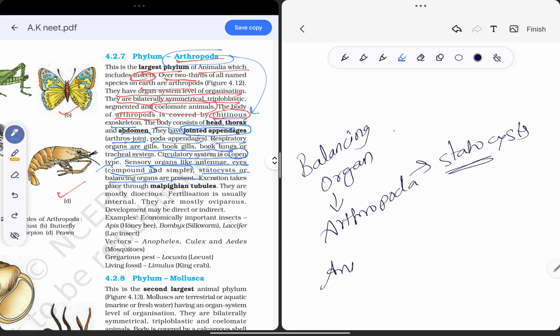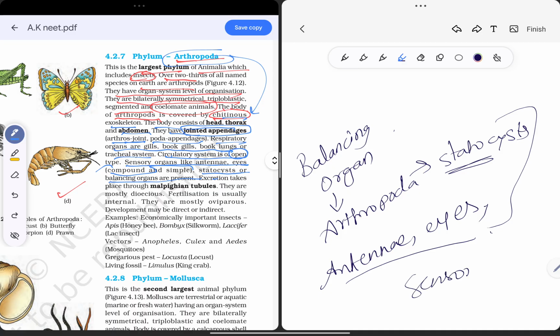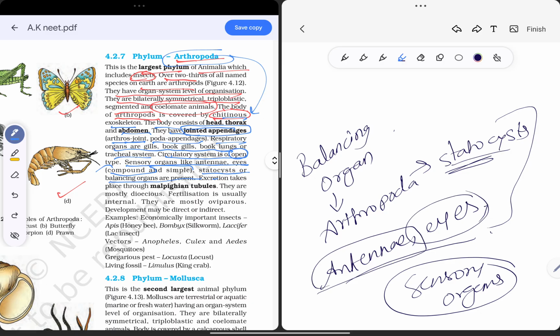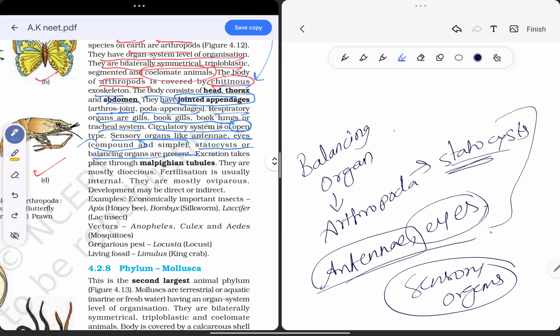Even the antennae and eyes, which can be compound eye or simple eye, are sensory. All these are sensory organs. What are the sensory organs of arthropods, they may ask? You should say antennae, eyes, statocysts, also known as balancing organ.